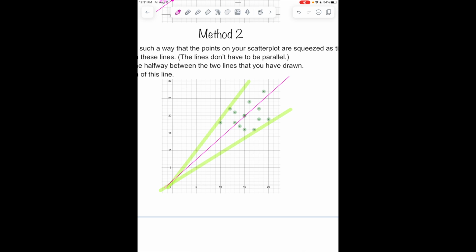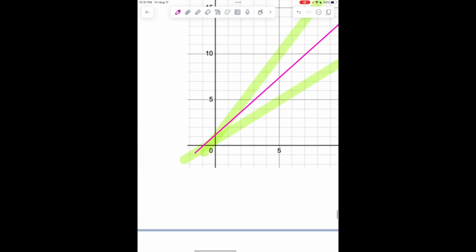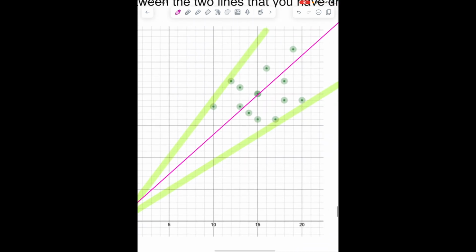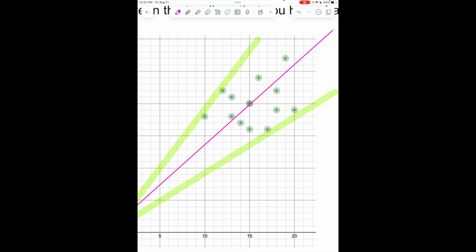So now I'm going to identify my y-intercept, which looks like it's about at +1. Then I'm going to pick out, so this point lies directly at a corner and this point lies directly at a corner.